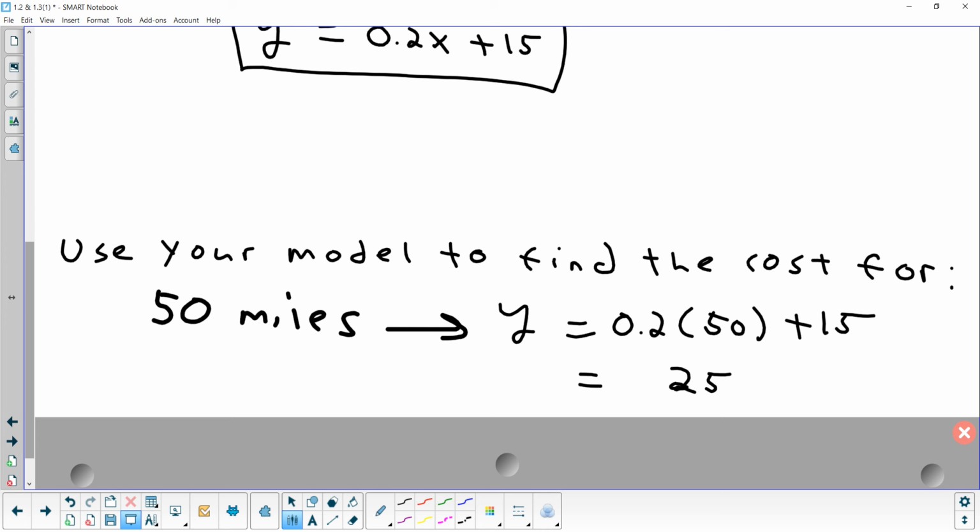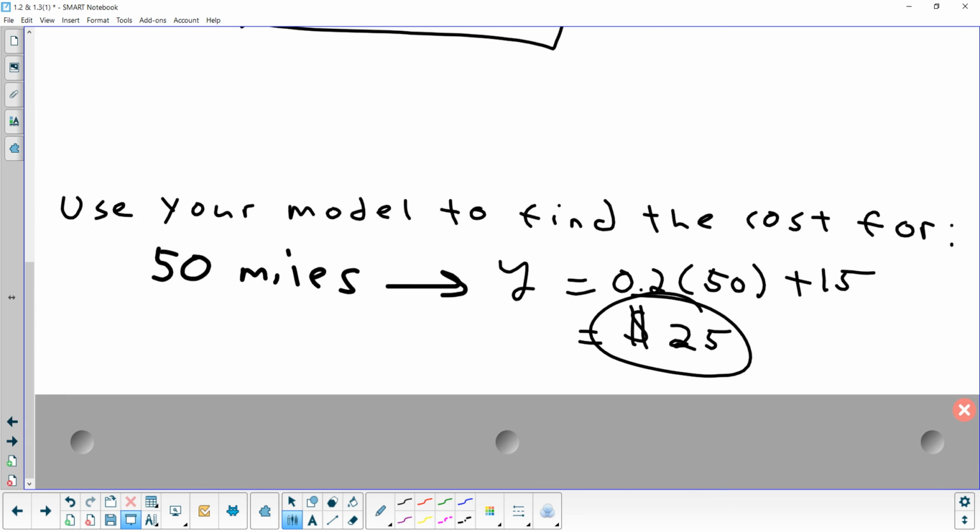Well, what did we just find? We used the model to find the total cost. Yeah. So what's my cost measured in this problem? Dollars. Yeah, it's just measured in dollars. So the cost is 25. We need to put a dollar sign.